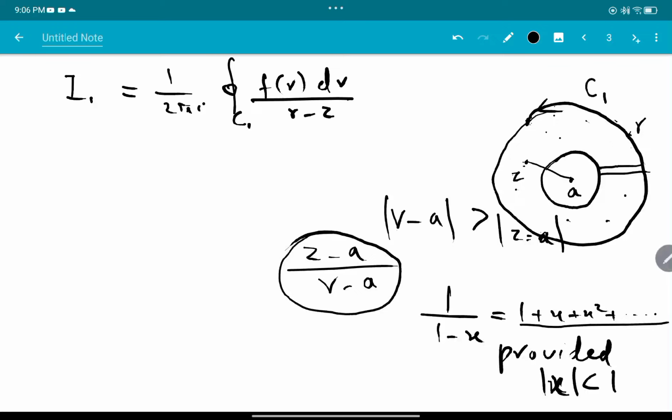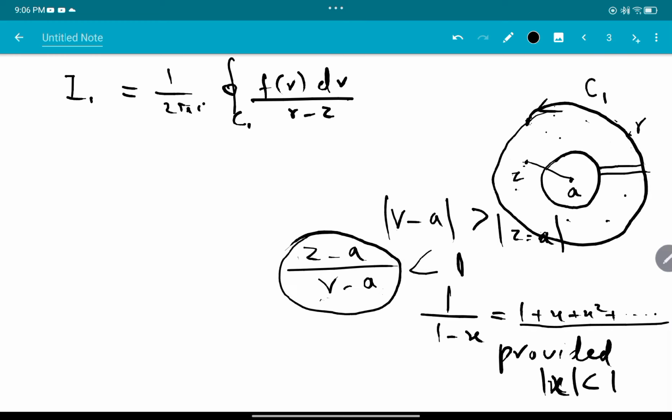Now, we cannot compare complex numbers. They don't have ordering, so we have to resort to the modulus. You have constructed z minus a divided by gamma minus a, a quantity whose modulus is less than 1.